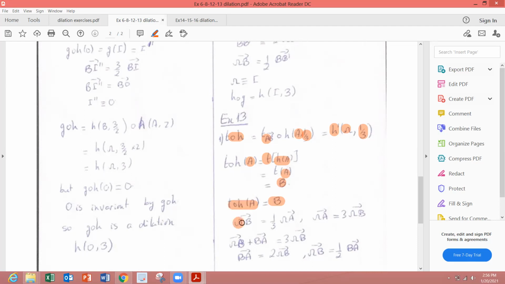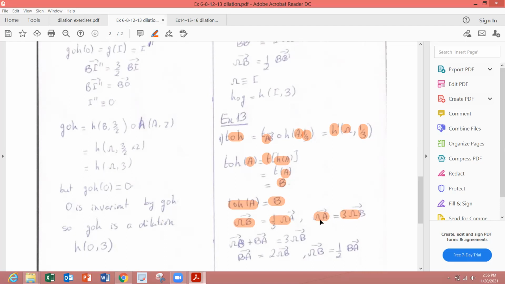This means omega B, since omega is the center, equals 1/3 omega A. Cross multiplication: omega A equals 3 omega B. Both of them are unknowns.